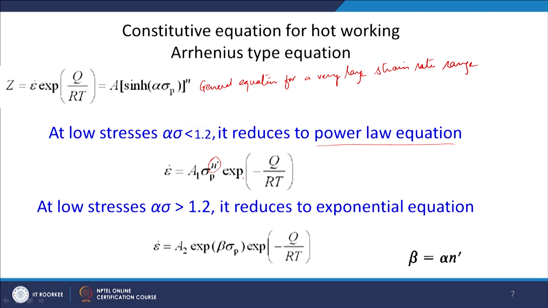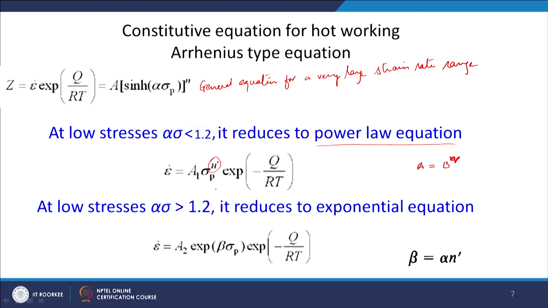Whenever you have an equation where a equals b raised to some power q, it is called a power law equation, because there is a power over b.